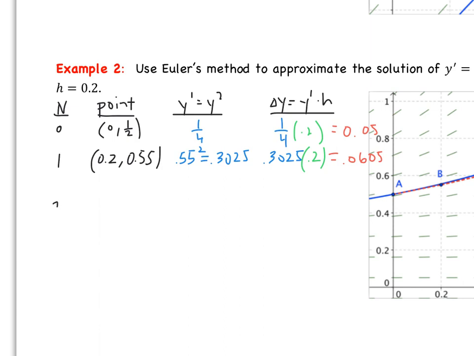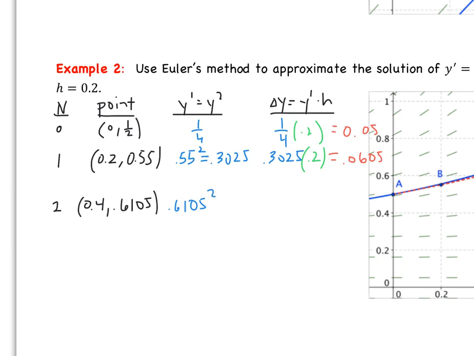So step 2, our x value is at 0.4 because we're adding 0.2, and then we take 0.55 plus 0.0605, and now we are at 0.6105.